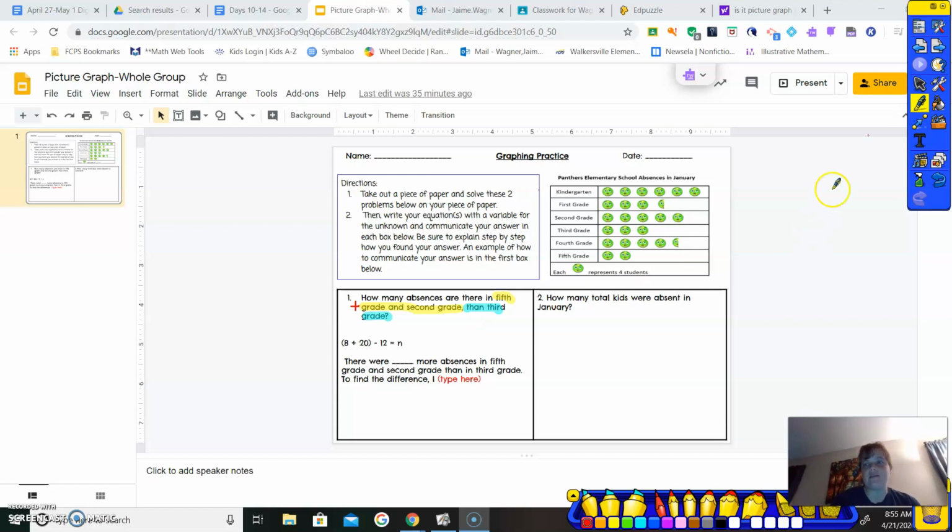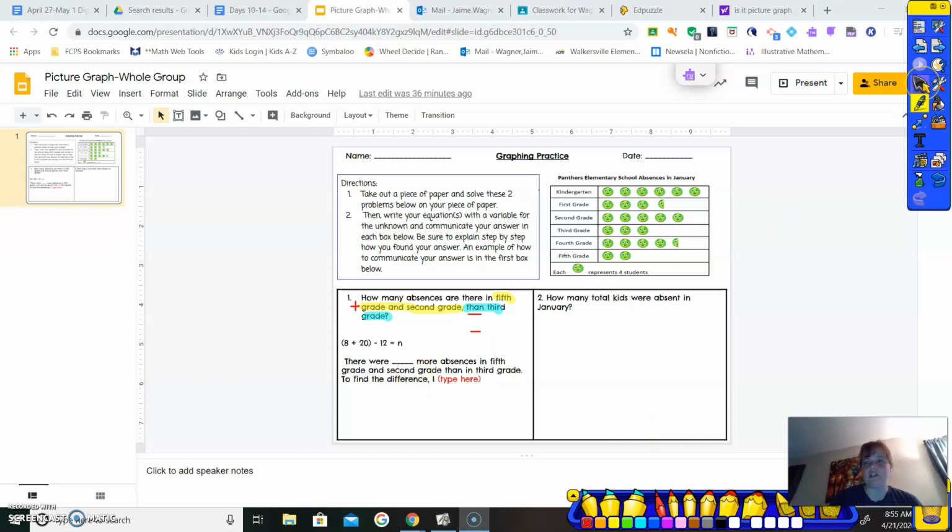The then 3rd grade means that I'm going to be comparing 5th grade and 2nd grade that you've combined to 3rd grade. And a lot of times when we are comparing, we are typically subtracting in order to see the difference between the 2 numbers. So I'm going to see where it says than or then. This is where I know that I need to subtract.